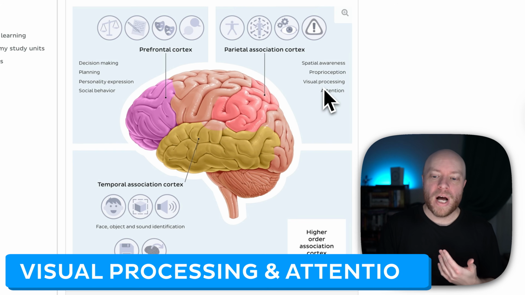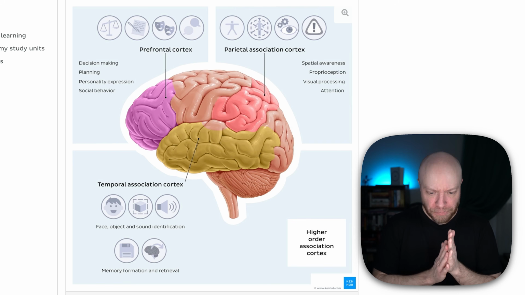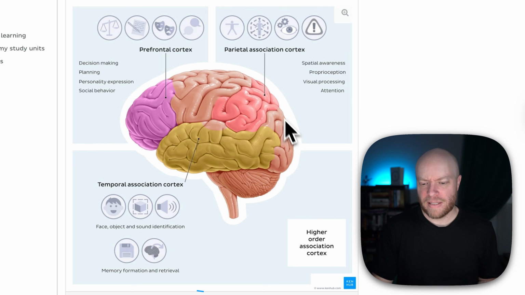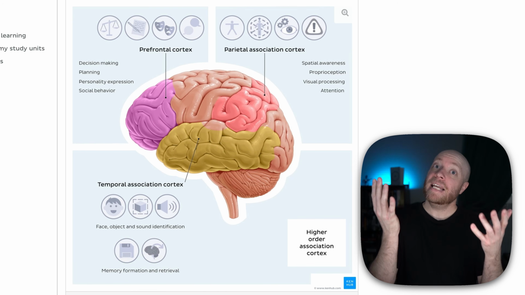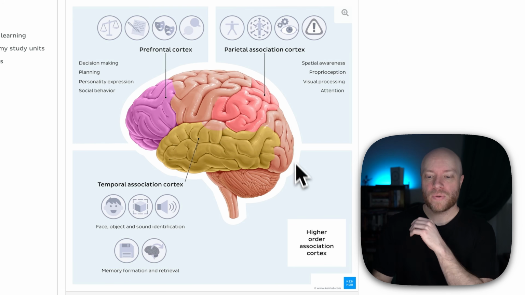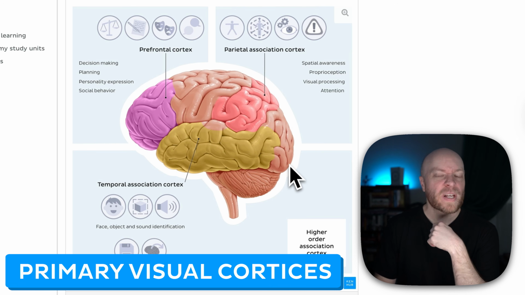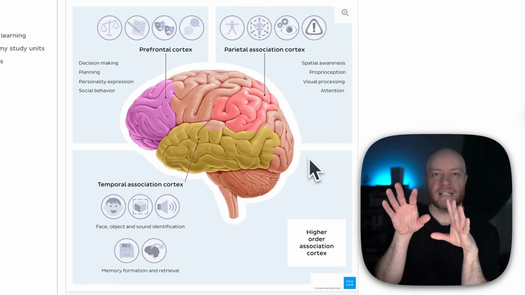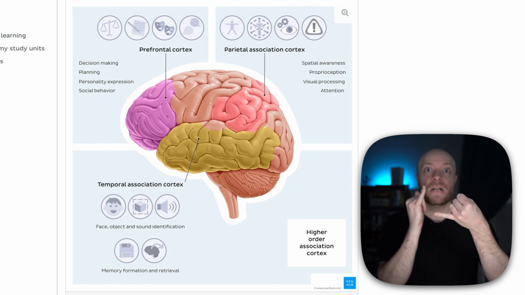And then visual processing and attention are also extraordinarily important here. Visual processing, you may be thinking, that doesn't make any sense, I thought the occipital lobe was about visual processing. It is, it's just a different kind. The primary visual cortices, like V1, V2, V3, in the occipital lobe back here, are more about identifying the object visually.